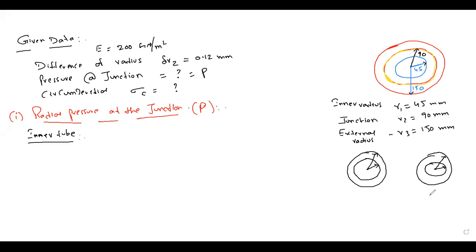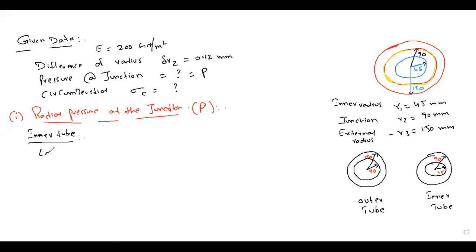This is the inner tube, and this is the outer tube. The inner tube will have two radii: one is 45, the other one is 90. The outer tube will have two radii: one is 90, the other one is 150. So you can mention it like this and first calculate the inner tube.